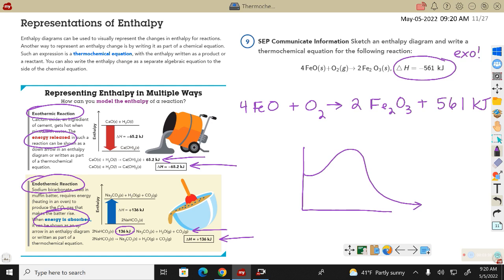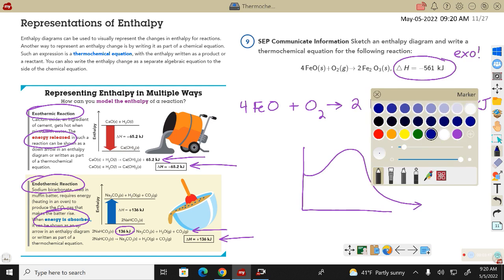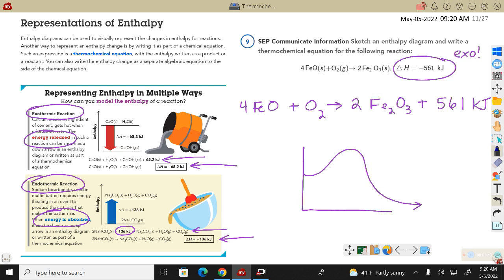But if it's overall exothermic, I know that there's more energy released when the new bonds form on the product side. This negative 561 would be like the difference between the overall energy level of the reactants and the products.